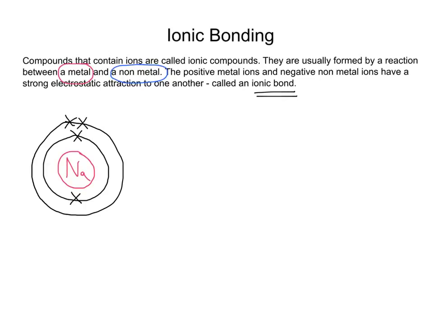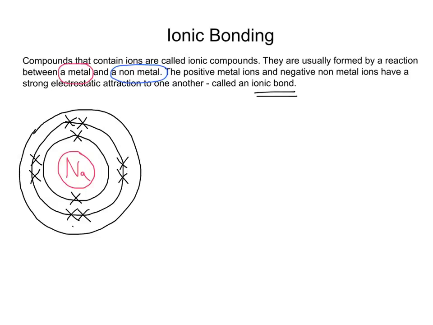We have 8 electrons on the next shell, and then what we find is that on the outermost shell of the sodium atom we have just 1 electron, and it's that electron ultimately that is going to be involved in this reaction, because it's far easier for this sodium atom to become stable by losing that 1 electron, to lose this X, than it would be to gain another 7. Rather than gaining another 7 electrons, it's far easier to lose that 1.